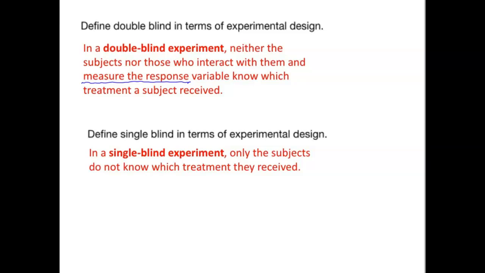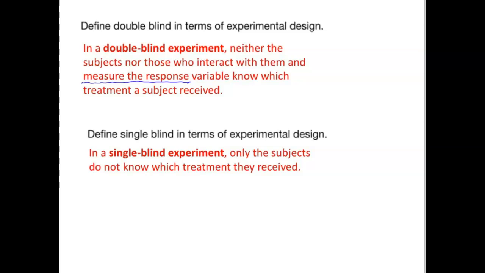But for something like a pain pill, where the doctor diagnoses based off of symptoms, it's a little more subjective. So you wouldn't want the doctor to know whether the patient they were diagnosing received the treatment or the placebo, because that could influence the way the doctor diagnoses the patient.